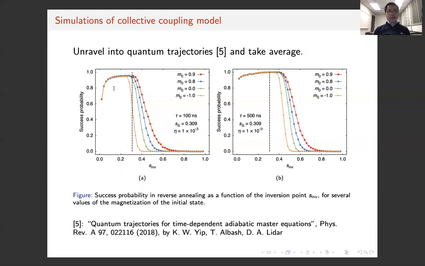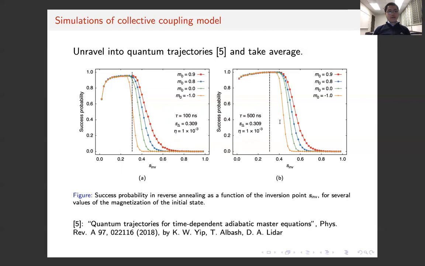So the simulation results are as follows. We also have the two similar plots as in the closed system, but right here we can see that for lines of all colors, the maximum success probability can be as high as 0.9, which is a significant improvement over the closed system results. And also, the S inversion point at this maximum success probability is actually near the minimum gap point.